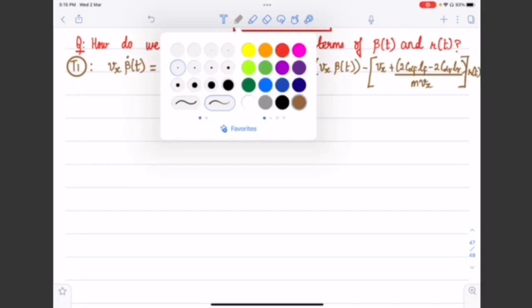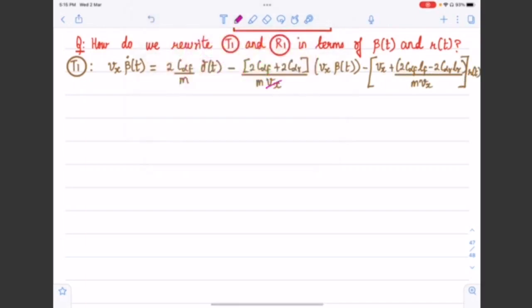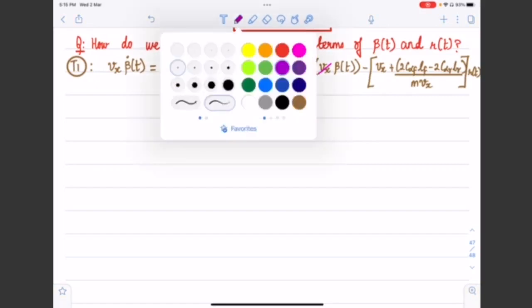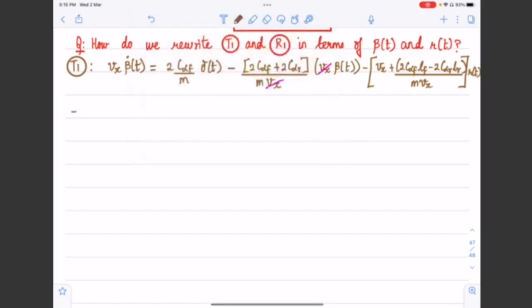One immediate simplification that we can do is to divide both sides by Vx. Then we get an expression for beta dot. This gives us an evolution equation for the side slip angle.